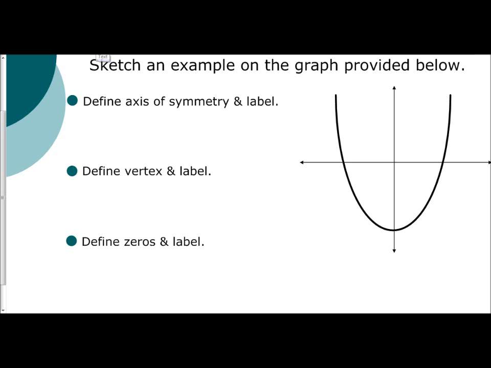So the way that we would define it is we would say that the axis of symmetry, which we've used before, AOS, is a vertical line through the vertex. And remember, that tells you that a parabola is symmetrical.